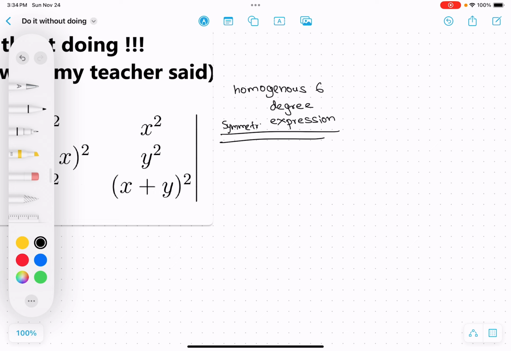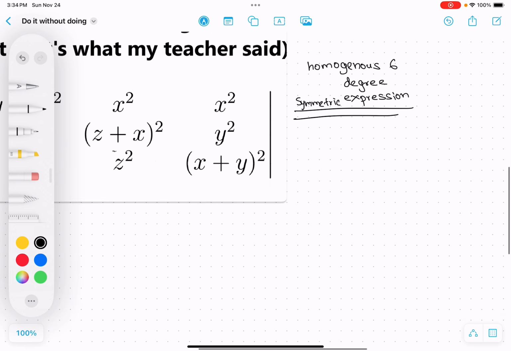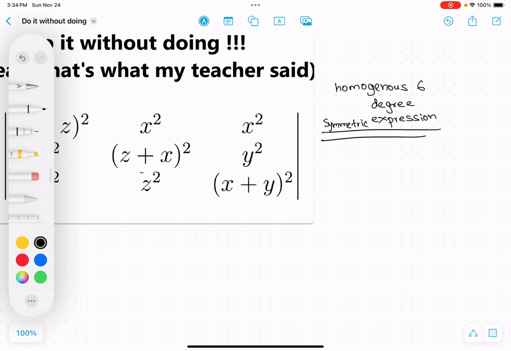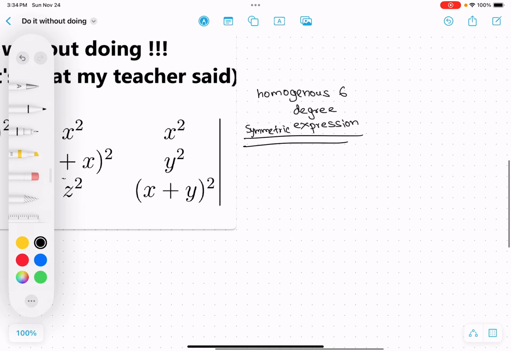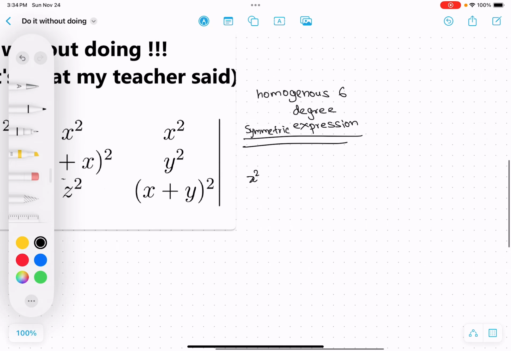I mean, by symmetric, I mean that the terms involving x, y, z would be the same. That means, let's say if I have x square y z in the expression, there should also be y square x z. There should also be z square x y. So this is the symmetric expression. Yeah, this is actually like circular.